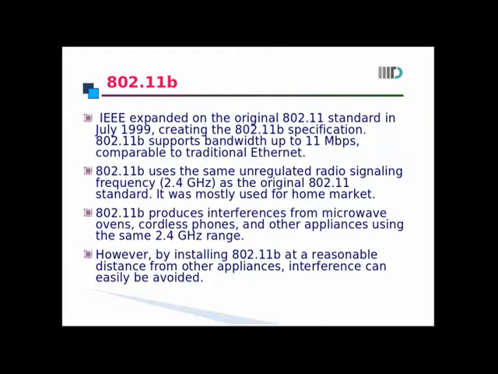But 802.11b still used the same unregulated radio signaling frequency, that is the 2.4 gigahertz frequency, and it still had some interference problems, but if we keep it at a reasonable distance from other appliances, the interference could easily be avoided.